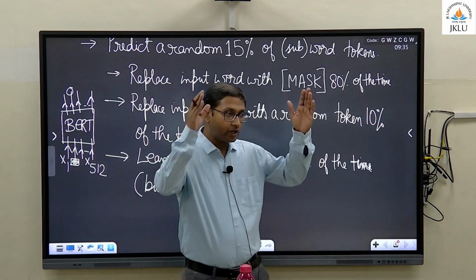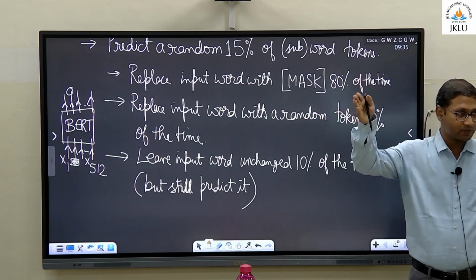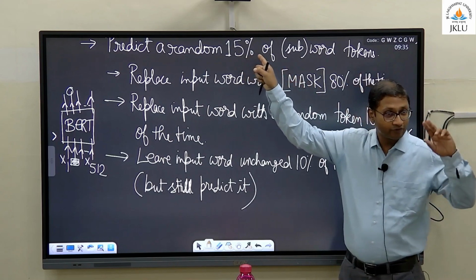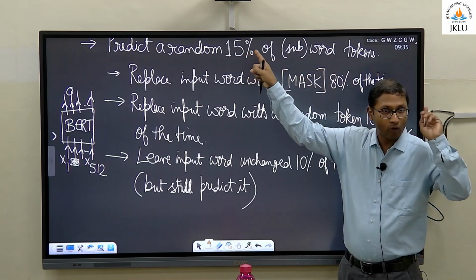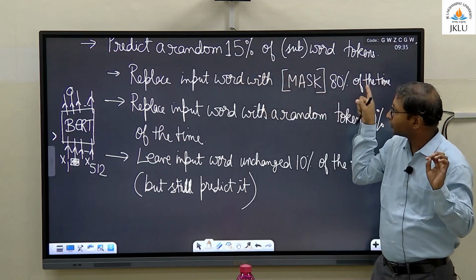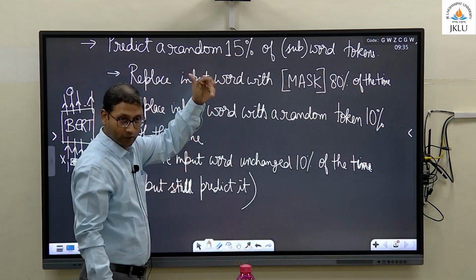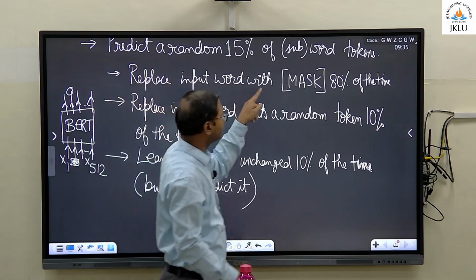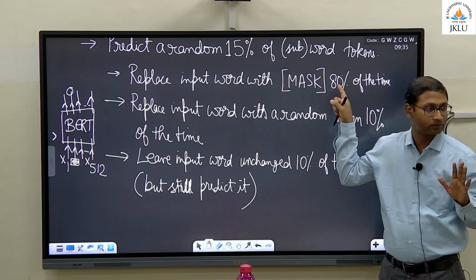See, if you have 1 billion total tokens in your training corpus, you will mask 150 million of them. Out of those 150 million, for 120 million you are going to do this part, since 80% of 150 is 120. So for 120 million, you just replace the word with a mask token.